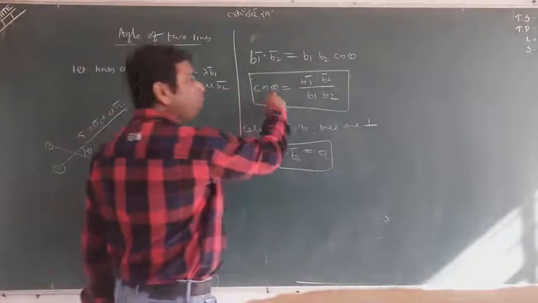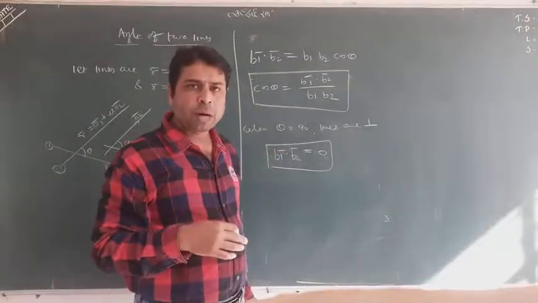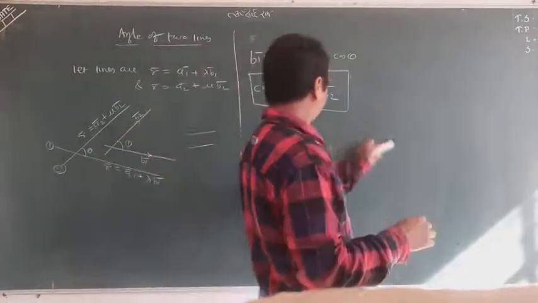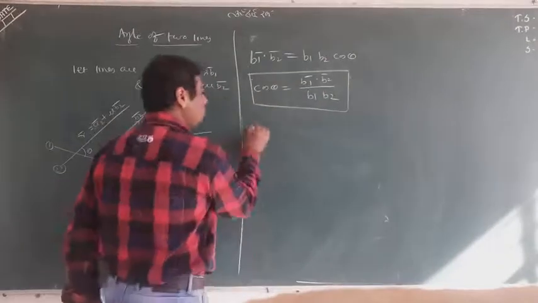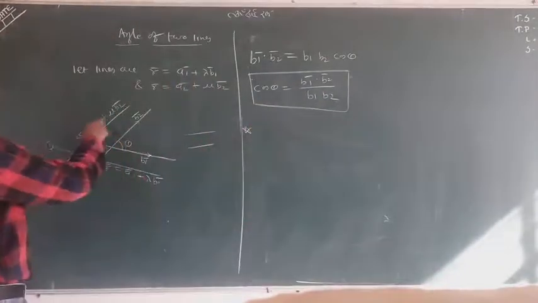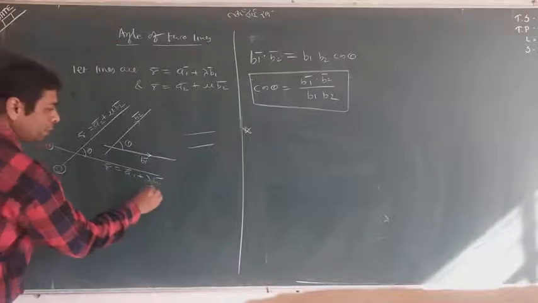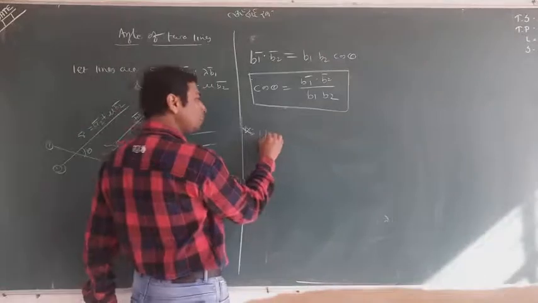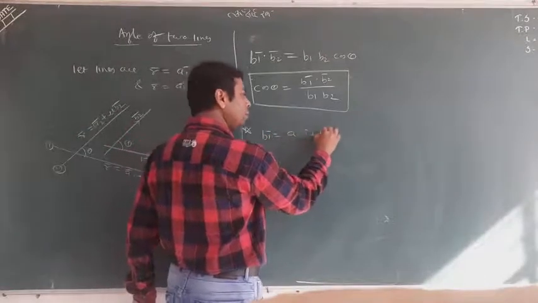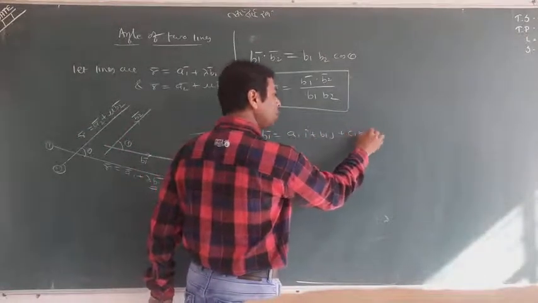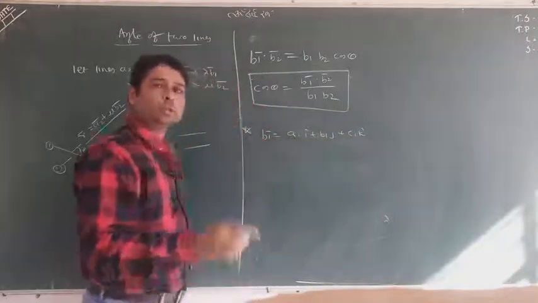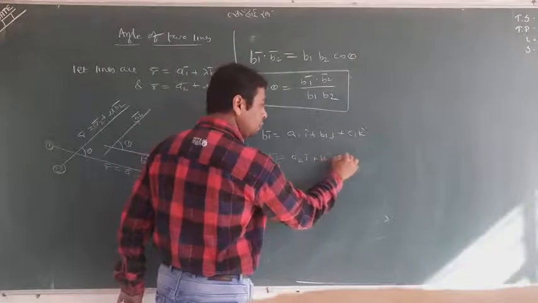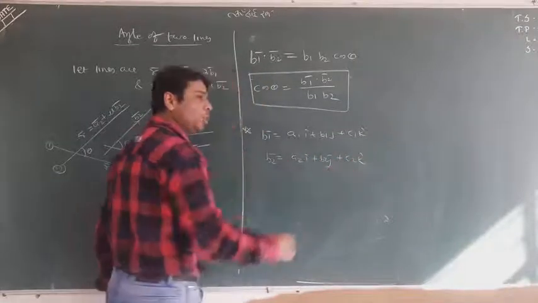This is only the vector form. I just want to convert that into Cartesian form. How is it so? I tell you. Let me rub this. R equal to A1 plus lambda B1. That B1 is the ratio vector, definitely for the first line. So suppose B1 is equal to A1 i, B1 j, C1 k. A1, B1, C1 are the ratios of the first line, and B2 is equal to A2 i, B2 j, C2 k, where A2, B2, C2 are the ratios of the second line.